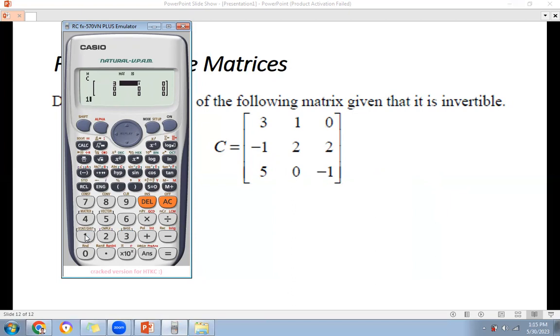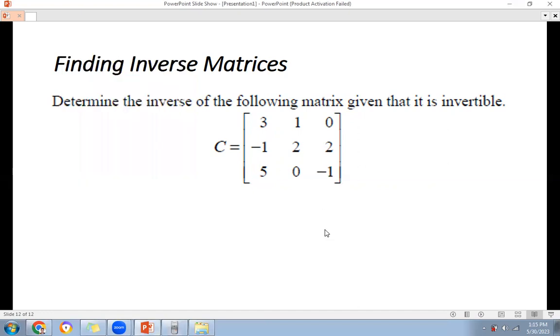Put the values: 3, 1, 0, -1, 2, 2, 5, 0, -1. Okay, then get the inverse. So here are the values of the inverse.